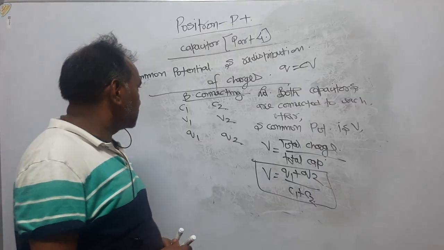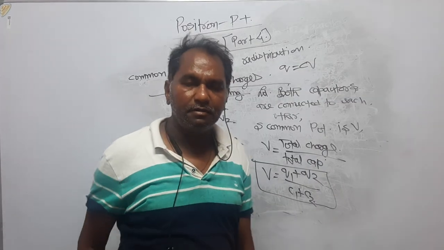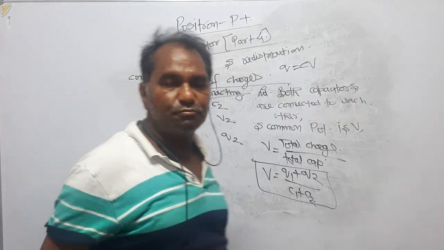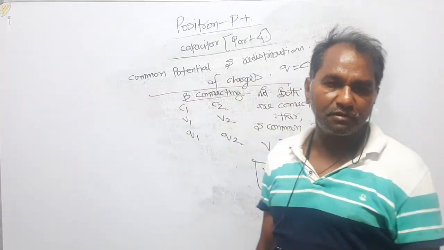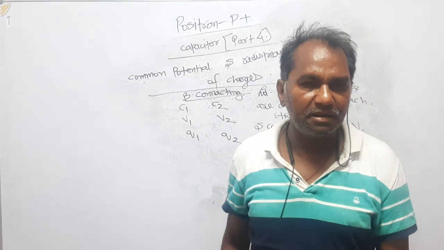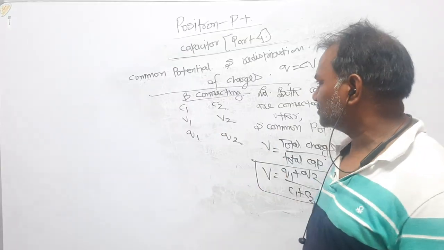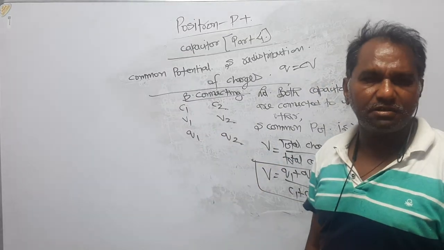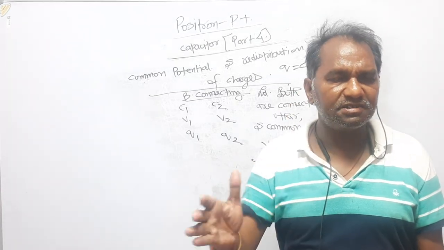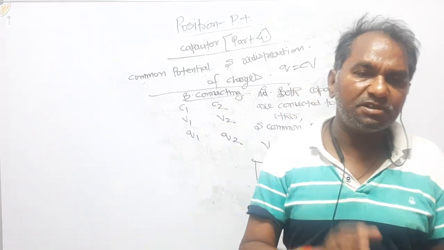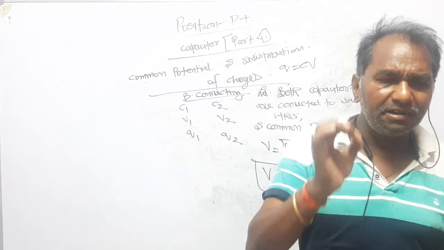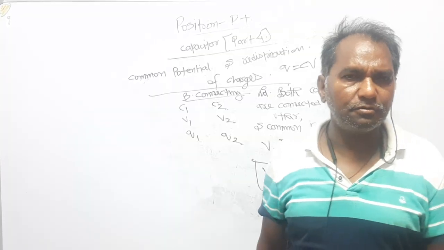Initially, before connecting, we have two independent capacitors with capacitances C1 and C2, potentials V1 and V2, and let the charges on the two independent capacitors be Q1 and Q2. Now they are connected to each other. As soon as they are connected, a potential difference will be established between them, and positive charge will flow from higher potential to lower potential, whereas negative charge will flow from lower potential to higher potential.